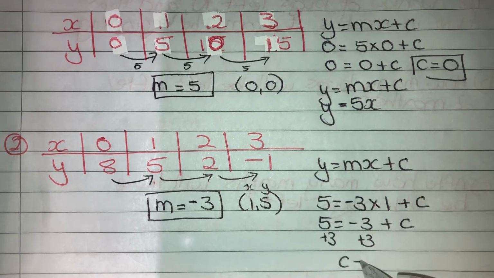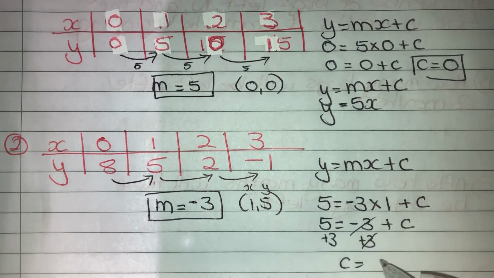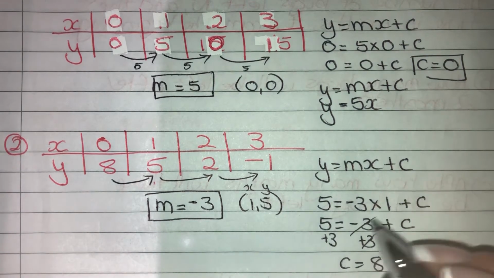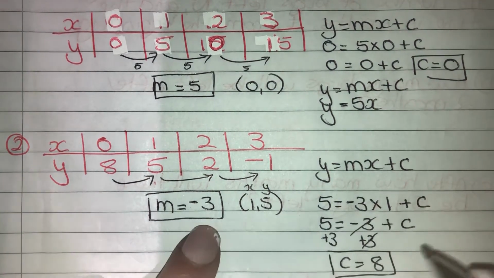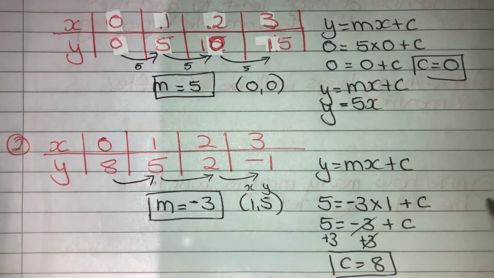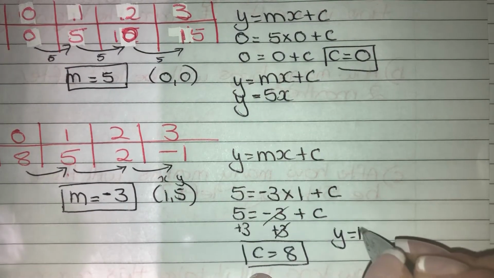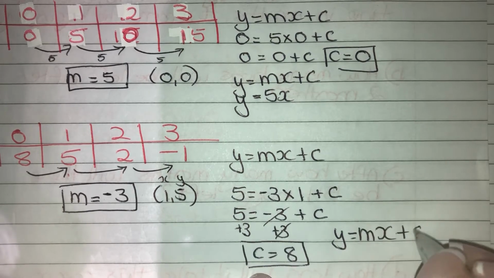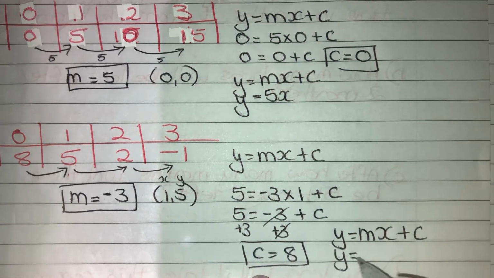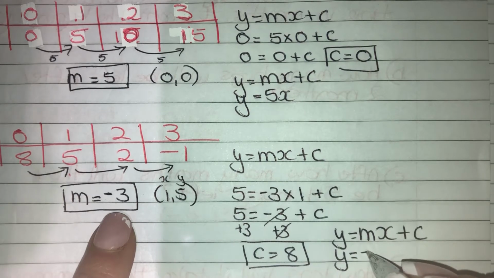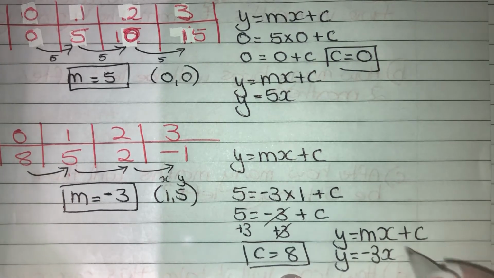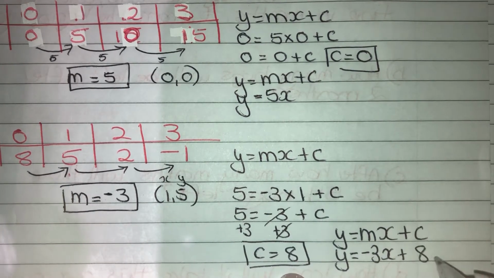So c is 5 plus 3, which is 8. Okay, so now we've got gradient of negative 3 and y-intercept of 8. Put that into y equals mx plus c, and we get y equals minus 3x plus 8.